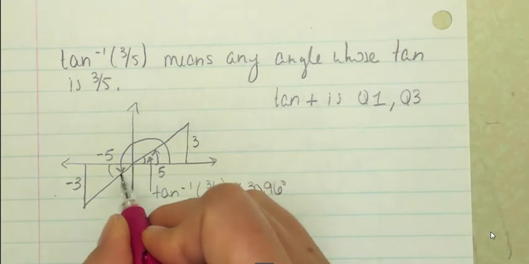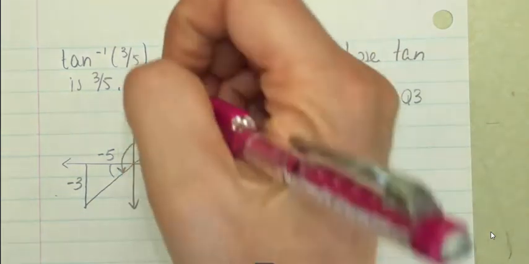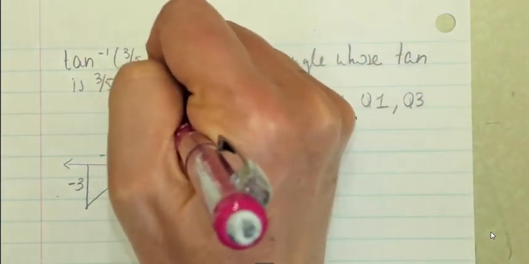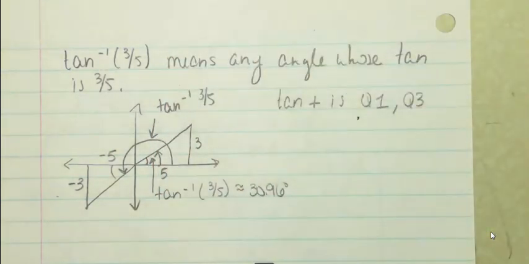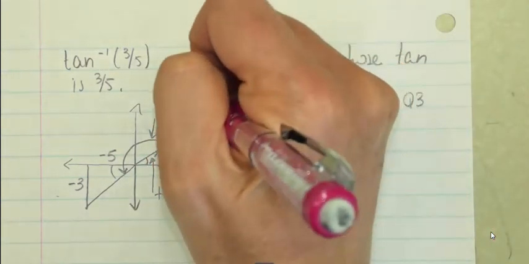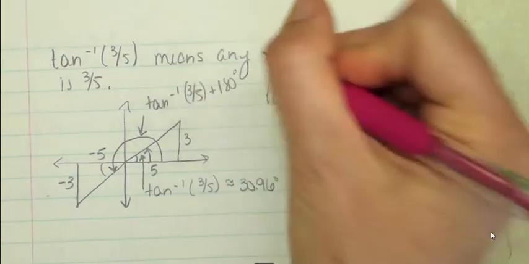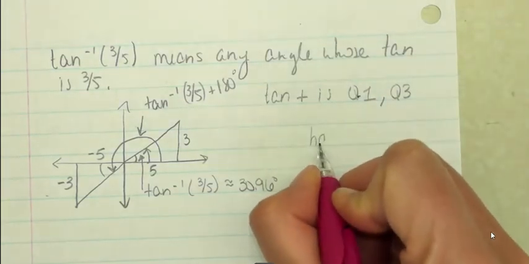I'm going another 180 degrees, or if I was talking about in radians, that'd be pi. So then this angle here is going to be our tan inverse of 3/5 plus an additional revolution, 180 degrees, or again, if I'm talking about radians, then I'd use pi. Okay, so we can say that these are a half revolution apart.